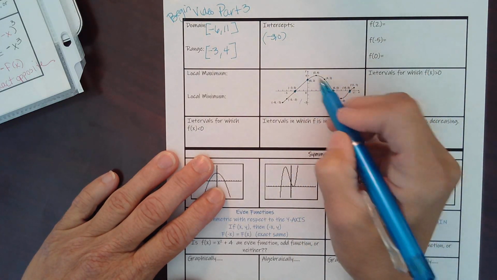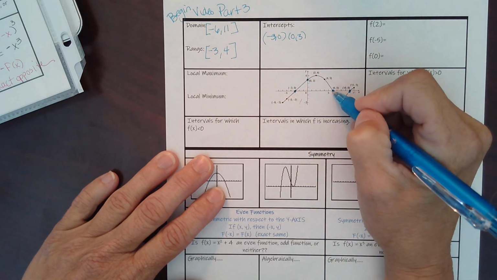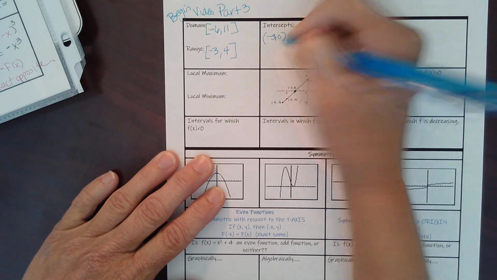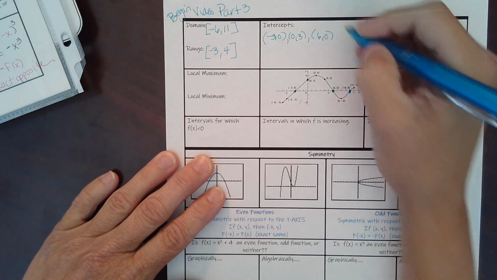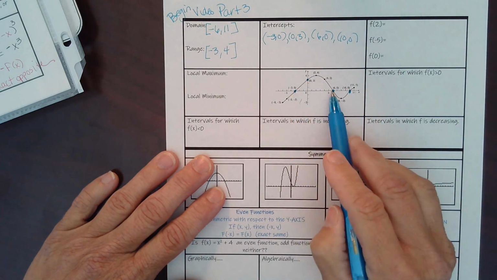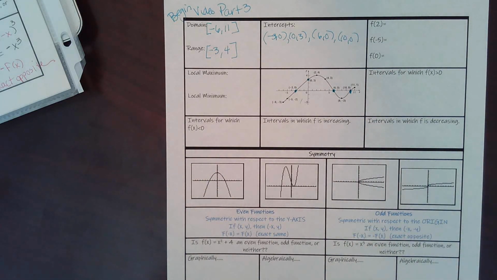We have the y-intercept at (0, 3). We have another x-intercept at (6, 0). And we have a final x-intercept at (10, 0). Now remember, these are just points, so we always put points, x, y values, in parentheses.